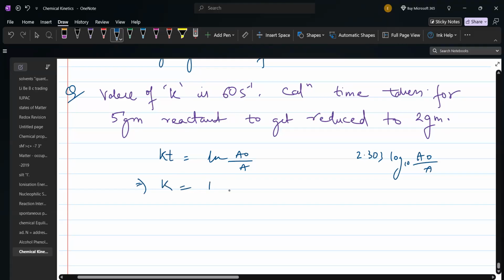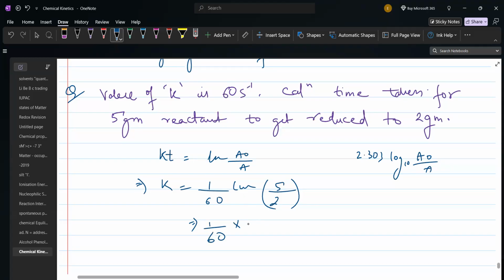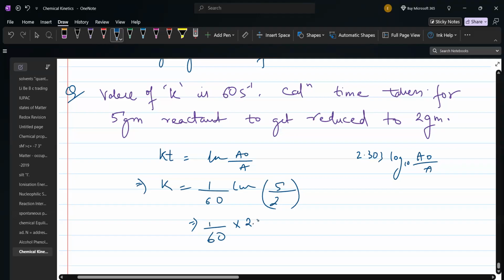The time is 60. ln of A naught is given as 5 gram and 2 gram. Then we will convert this ln into log of base 10, so we will put 2.303 times log base 10 of 5 minus log base 10 of 2. Are we good till here? Yes or no?